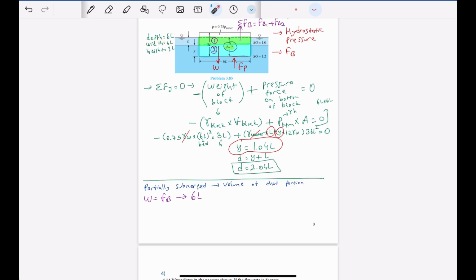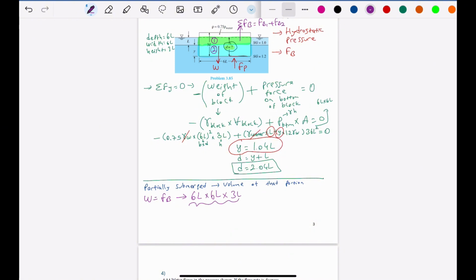It wasn't given, but we can assume it is 6L. So in that case, we will have 36L square times this distance of the shape, which is 3L.